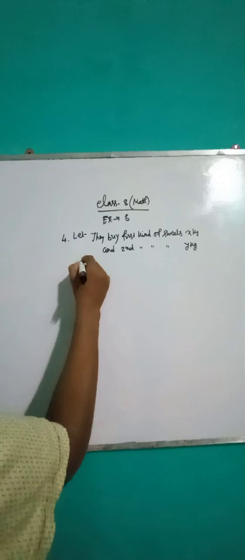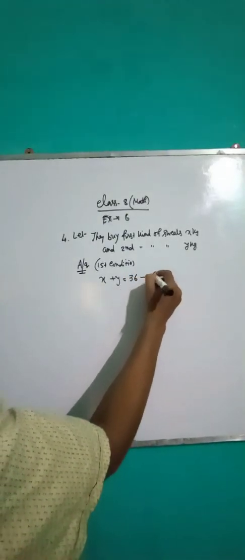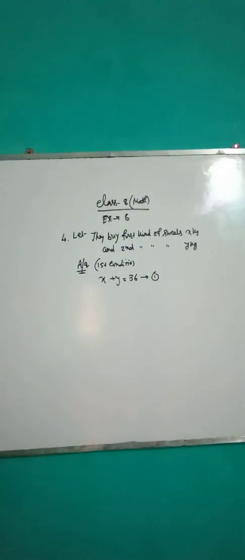Okay. Now, according to the question, first condition, if you buy x kg and another y kg, the total he bought is 36 kg. This is equation number 1. We bought 36 kg, which will be required for that.